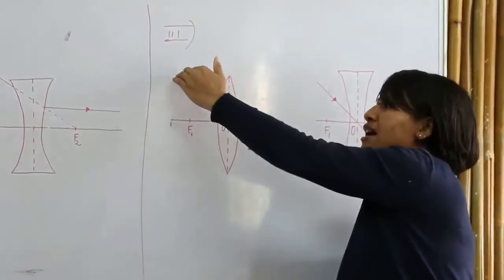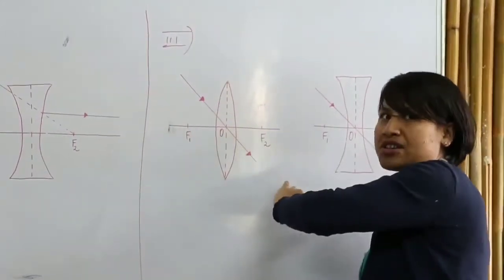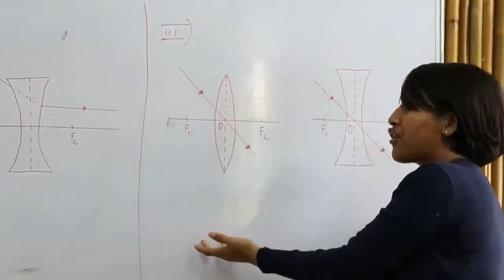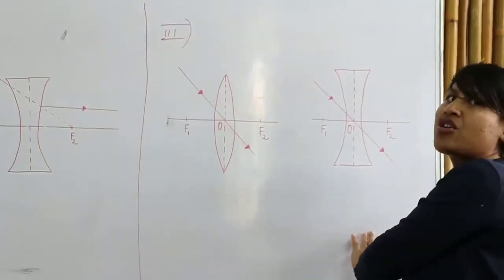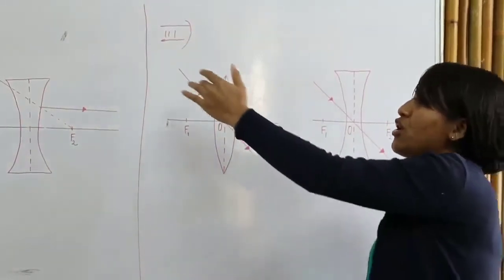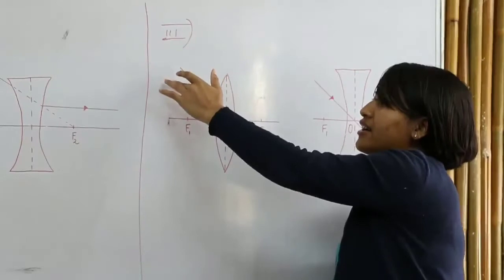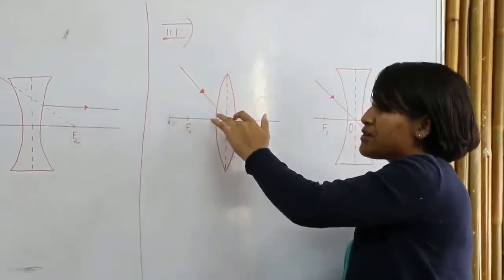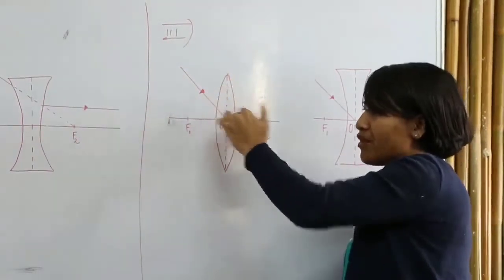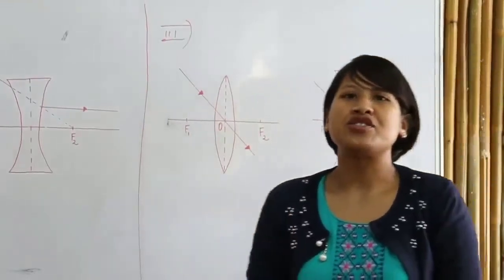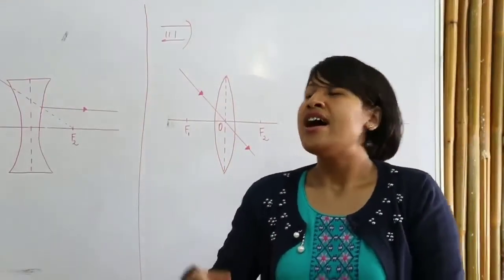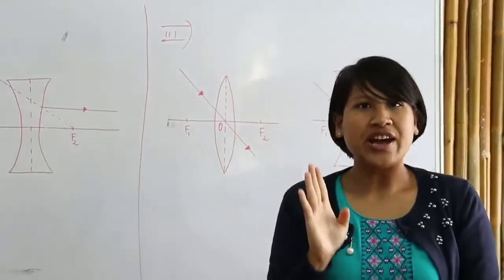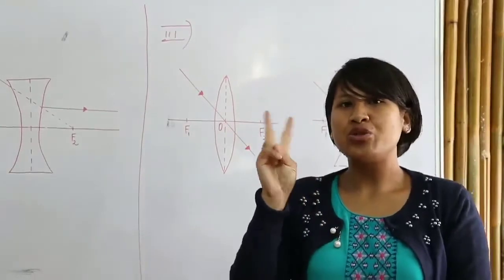It will directly pass through the optical center, both for the convex as well as for the concave lens.